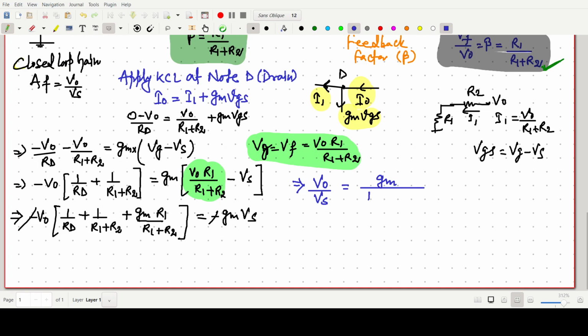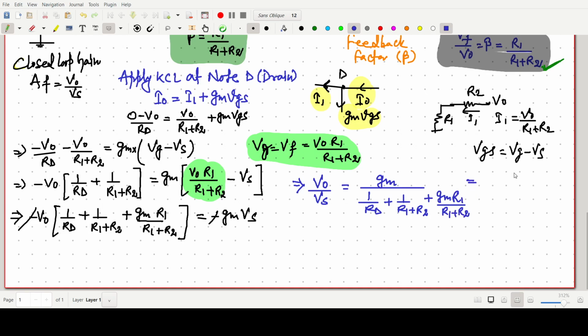Okay, so first write one more line, 1 by Rd plus 1 by R1 plus R2 plus Gm R1 by R1 plus R2.